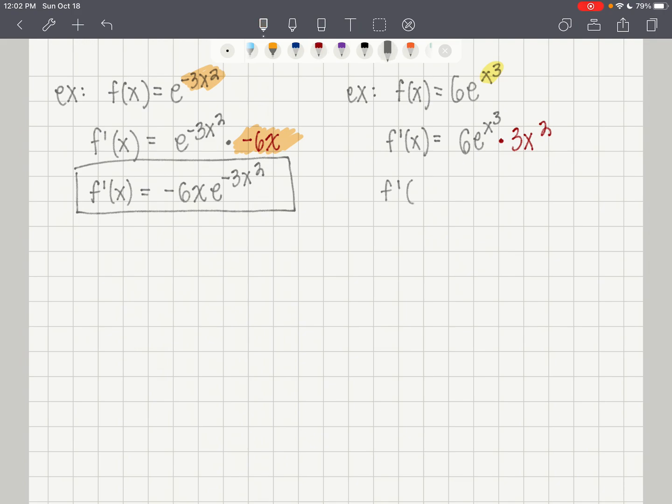So our final answer is going to be 6 times 3, which is 18, x squared e to the x cubed. So that's an exponent to an exponent. It's pretty interesting.